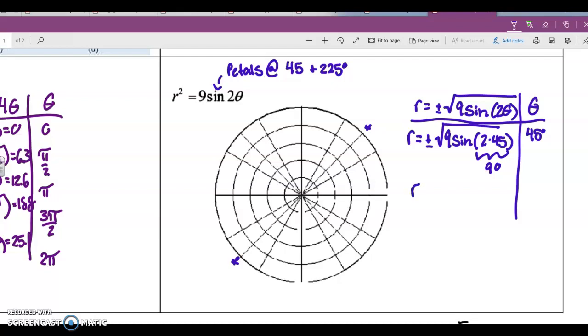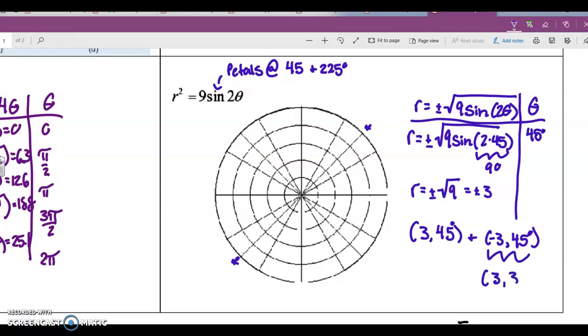So we are left with r is equal to plus or minus the square root of 9, which is equal to plus or minus 3. So we know then that our petals are going to be at 3, 45 and negative 3, 45. This should be degrees. And then remember that this one here is actually the same as 3, 225.